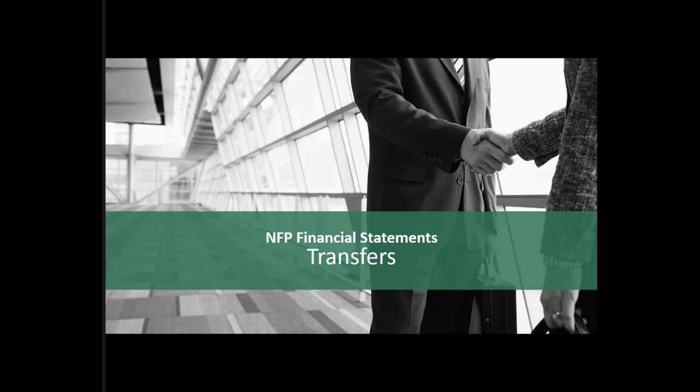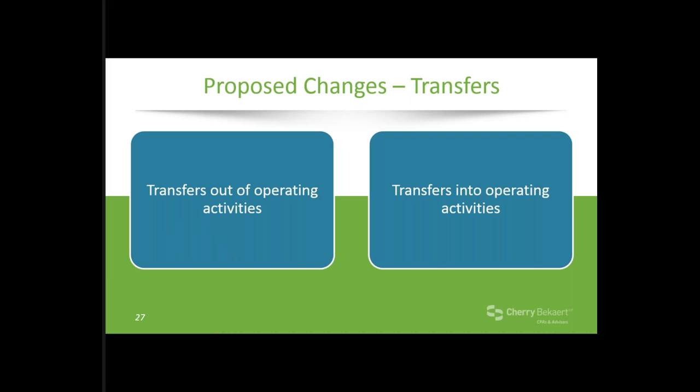The purpose of the proposed guidance is to provide some clarity on internal action and the transfer effects on the organization's operating activities. In the past, we've really just seen net asset transfers and board restricted net assets broken out as a line item on the face, and potentially in the endowment disclosure if there are board designated endowments. But this is proposing that you would actually disclose that transfer activity on your statement of activities.